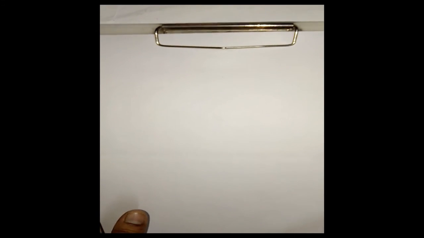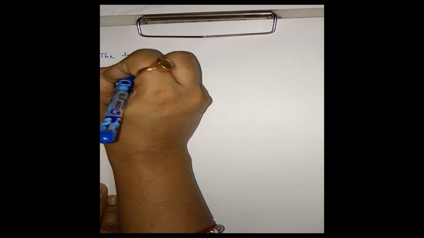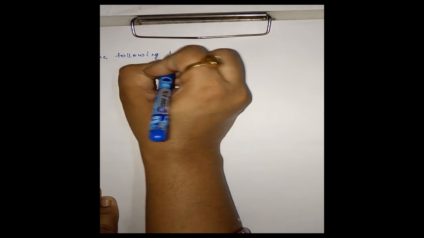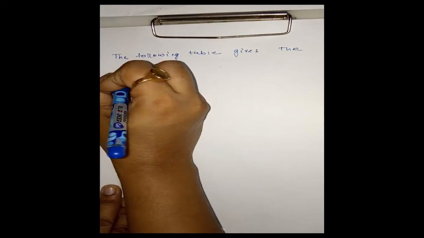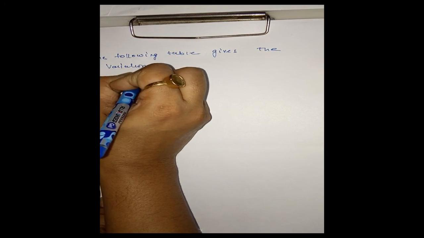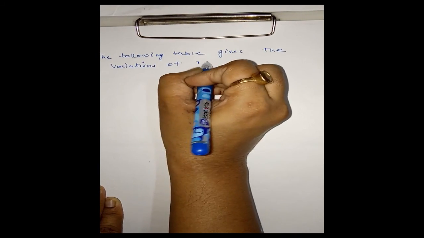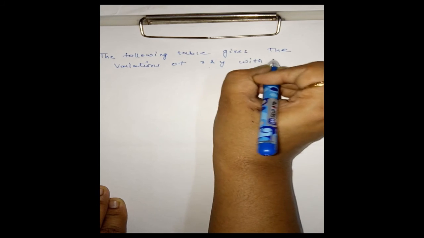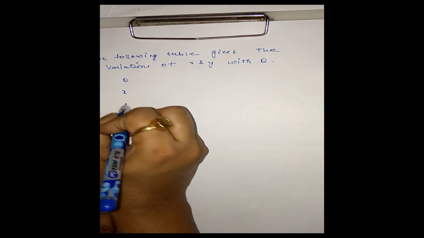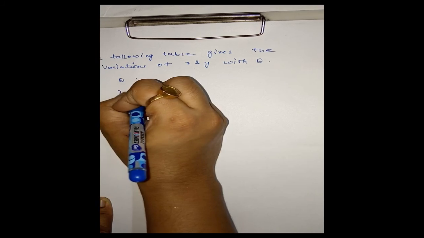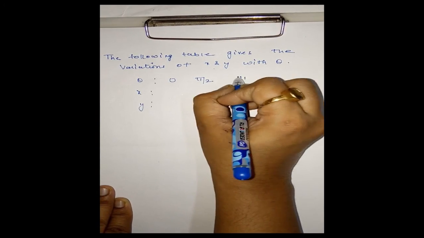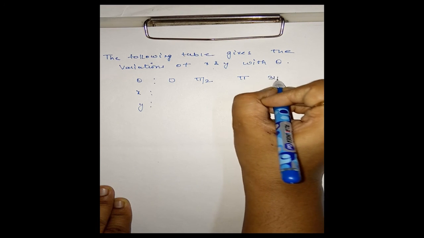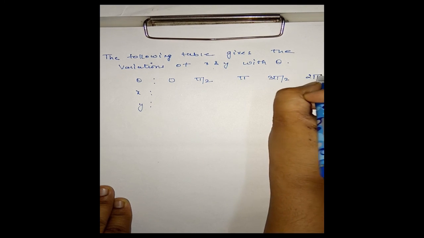The following table gives the variations of x and y with theta, for theta equal to 0, pi by 2, pi, 3 pi by 2 and 2 pi.